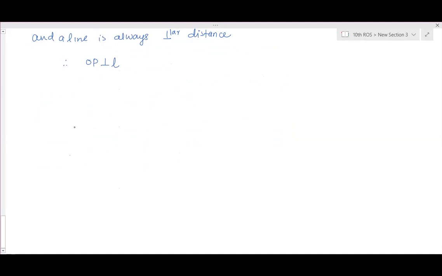Consider this as a circle. This is one tangent, and this is the second tangent. This is a point P, this is the center O, this is a point of contact A, and this is a point of contact B. So from P, two tangents can be drawn, that is PA and PB. So the lengths of PA and PB are always equal.